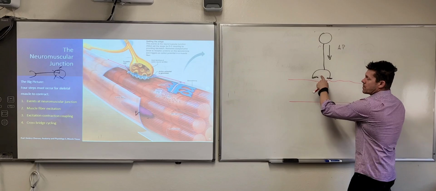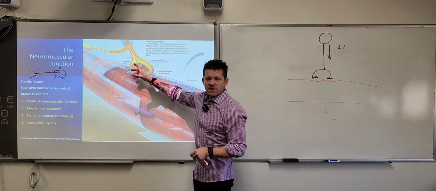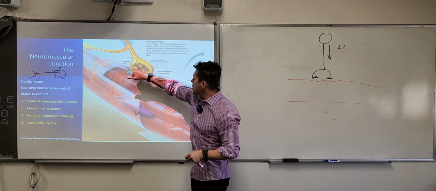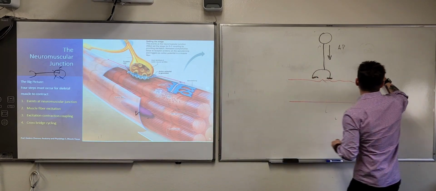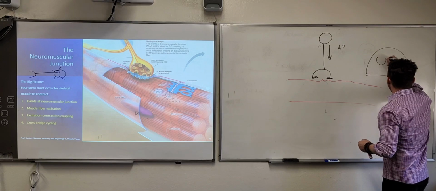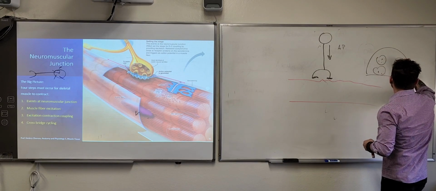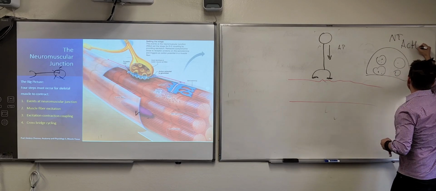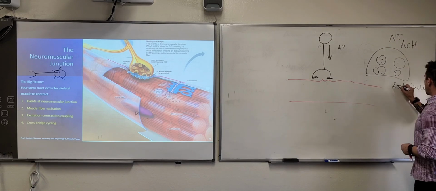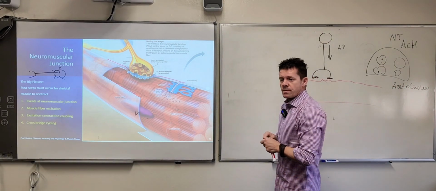Here in the axon terminals, if you look inside, we have vesicles, like storages, with yellow stuff in there. Inside here, we have neurotransmitters: acetylcholine, ACH. Acetylcholine is a neurotransmitter.